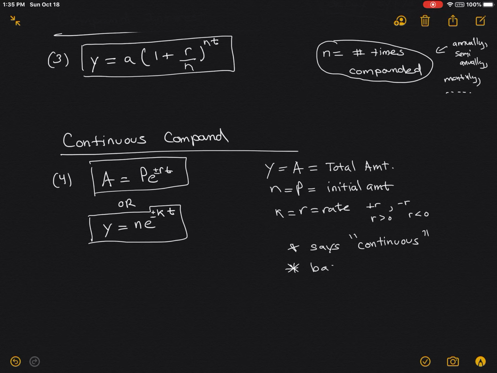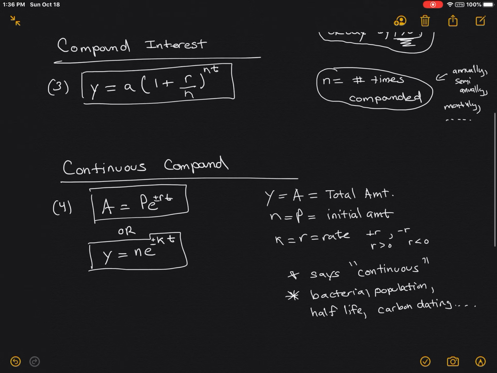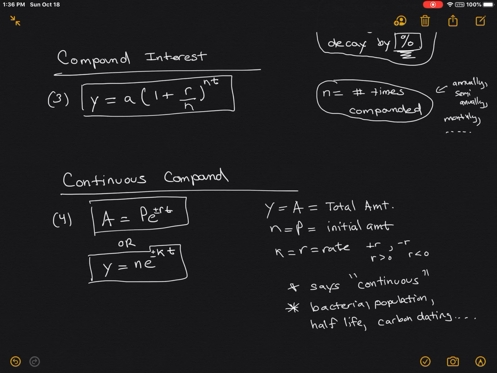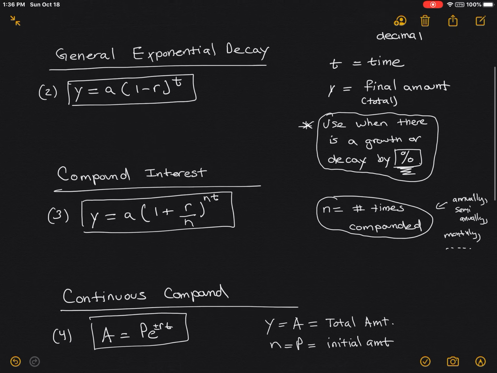Now it's also used in bacteria word problems, population, half-life, carbon dating, etc. Those all typically model a continuous exponential situation.